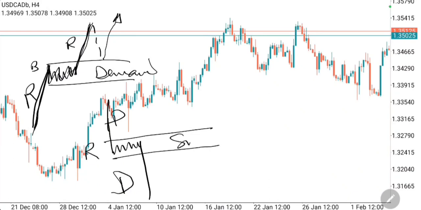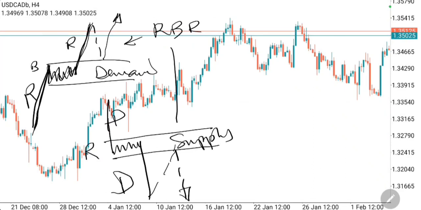This is a supply zone, so the market is expected to come to the zone, mitigate it, and sell.